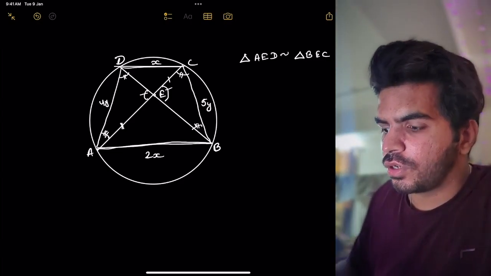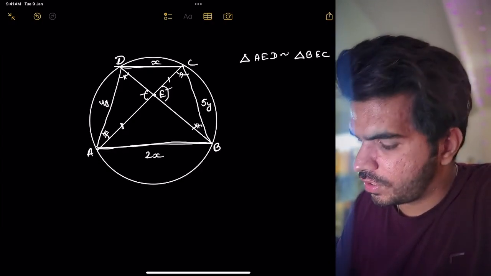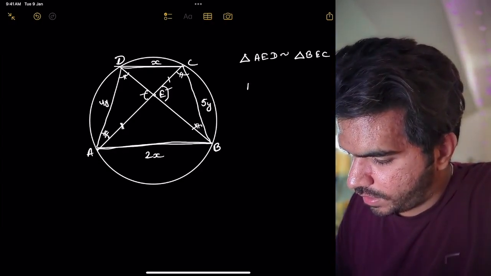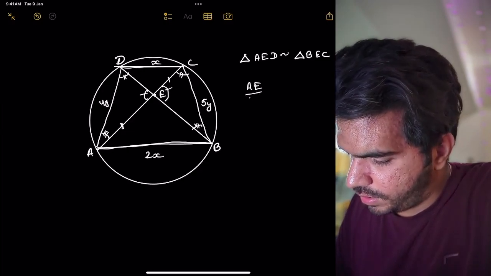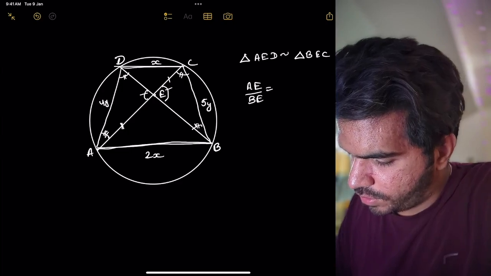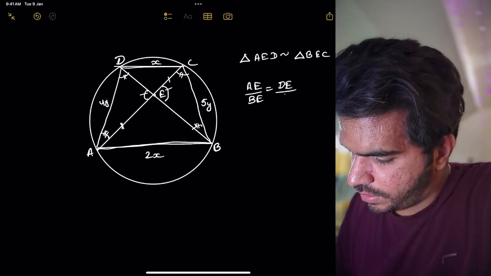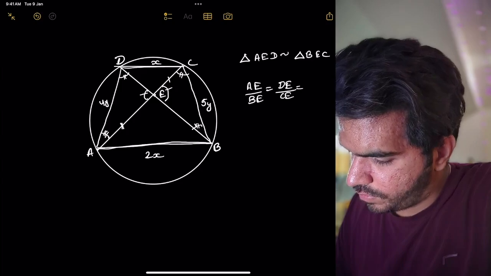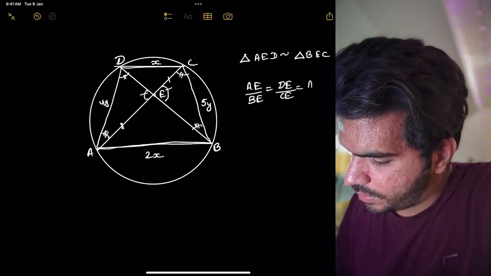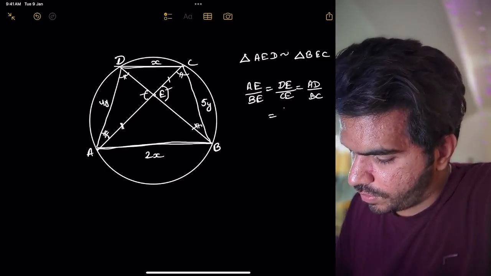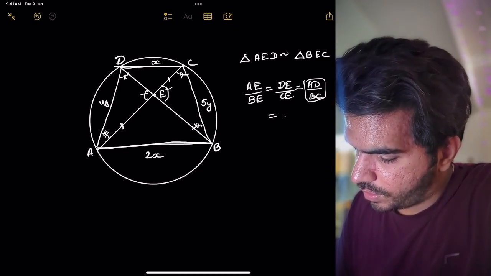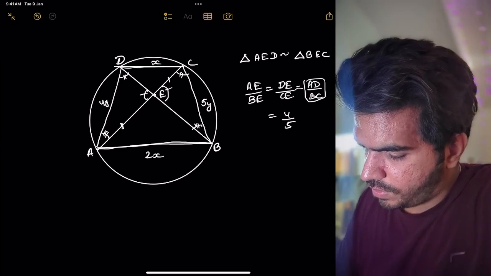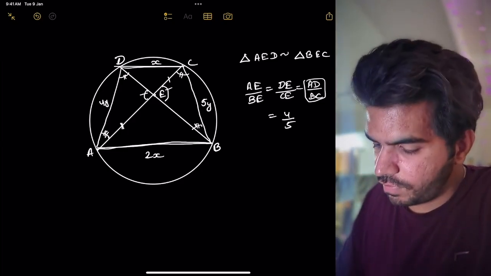Now using the corresponding parts ratios, we'll have AE upon BE equal to BE upon CE, which will be equal to AD upon BC, and all three of them should be equal. Therefore, AD upon BC, we already know, is in the ratio of 4:5. Now we'll use another similarity to deal with that.